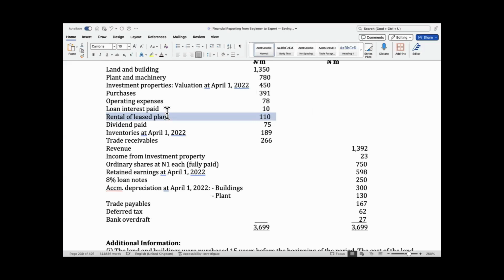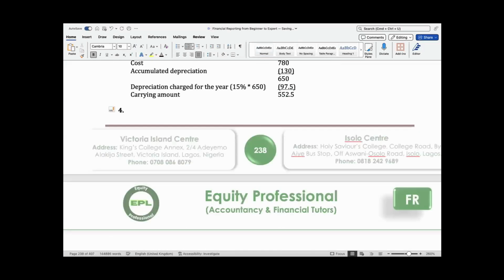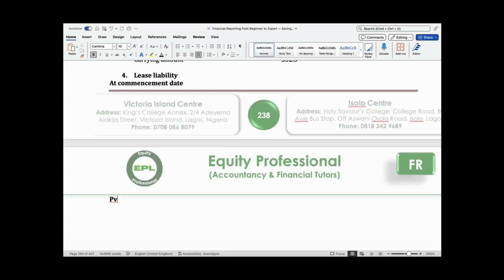Because, like I taught you under FRS 16, when you lease an asset as a lessee, you recognize a lease liability and a right of use asset. And I taught you that at commencement date, you would measure that lease liability at the PV of unpaid lease rentals.